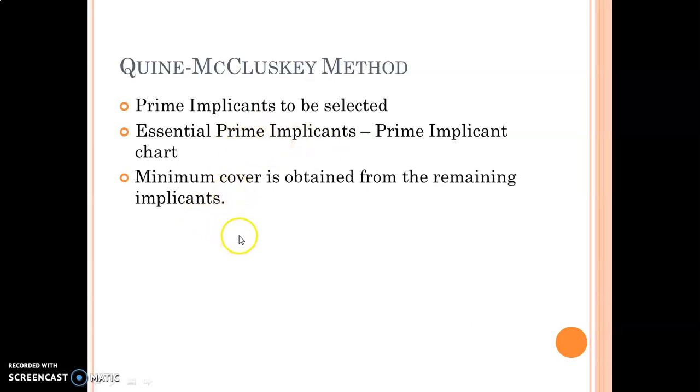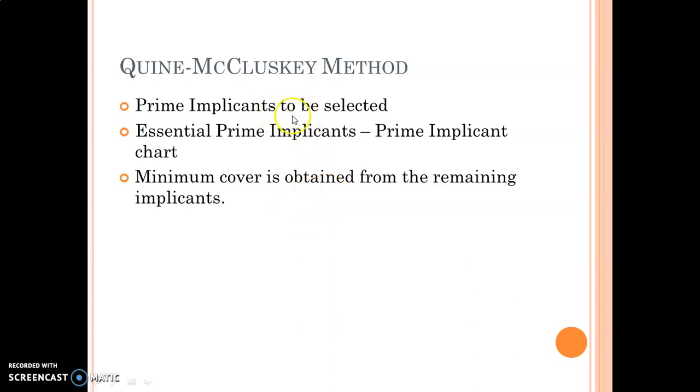In the third step, the minterms which are not covered by the essential prime implicants are taken into consideration and a minimum cover is obtained from the remaining prime implicants to obtain the minimal SOP term. So these are the basic steps which are involved to find the minimal SOP term for the given Boolean expression.